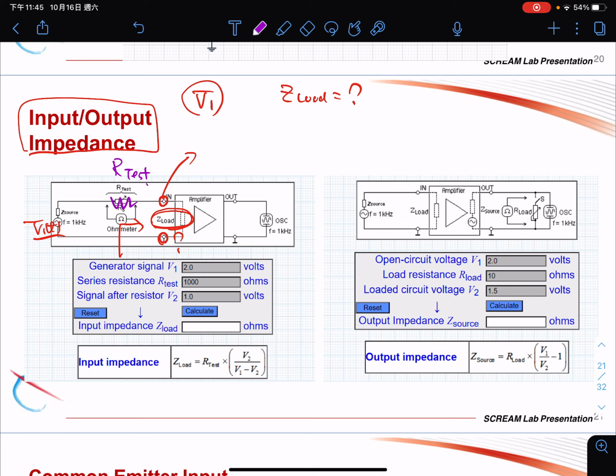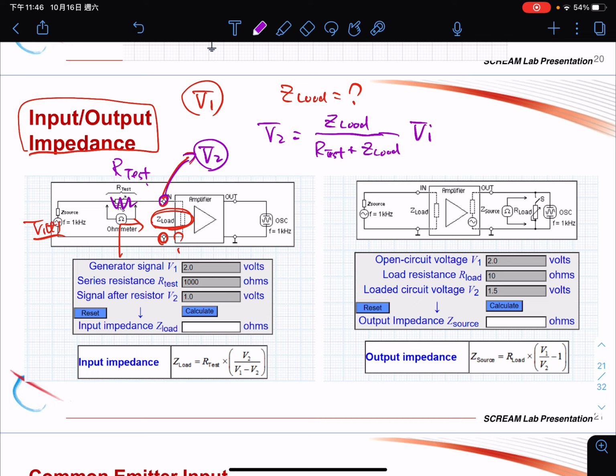When we put the R test here, we can measure the voltage here again. We call this one V2. And we know V2 will be equal to Z load divided by R test plus Z load, times V1.